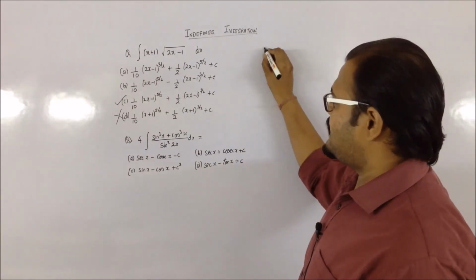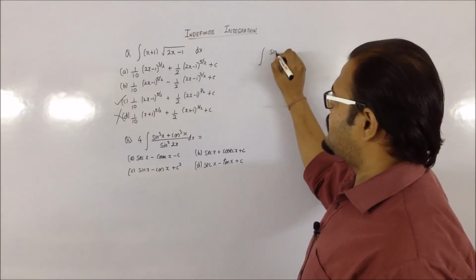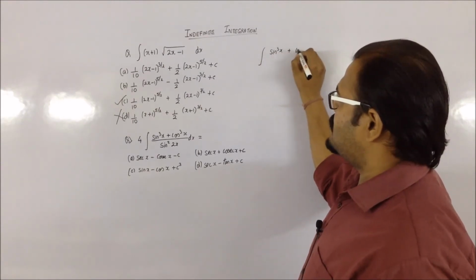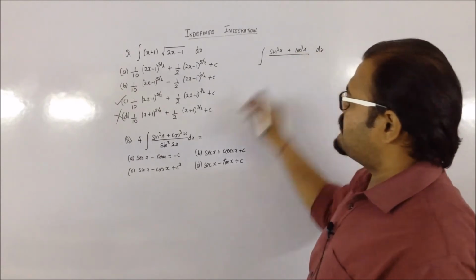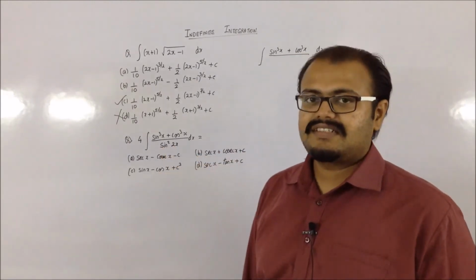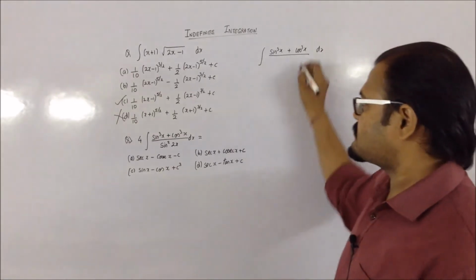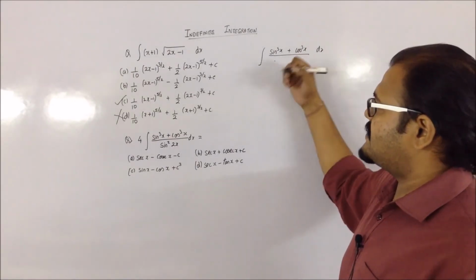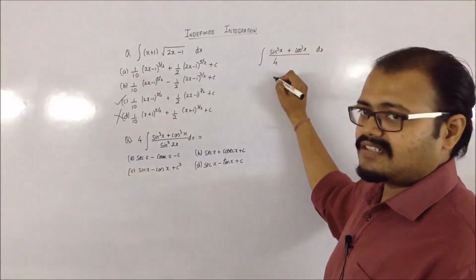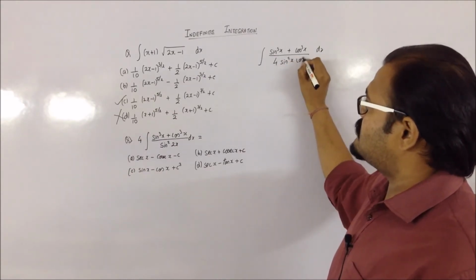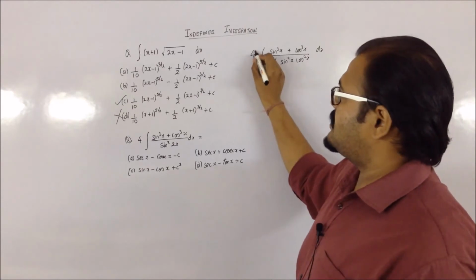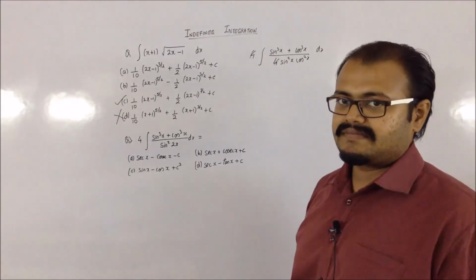So I will be having sin cube x plus cos cube x divided by, replacing my sin 2x with 2 sin x cos x, a square for that. So it's going to be 4 sin square x cos square x. So you have the 4 outside, which basically cuts with this.